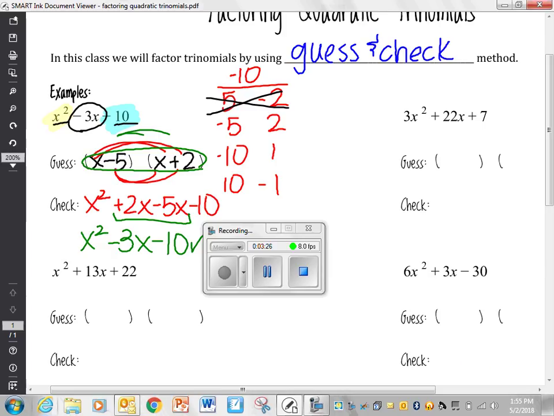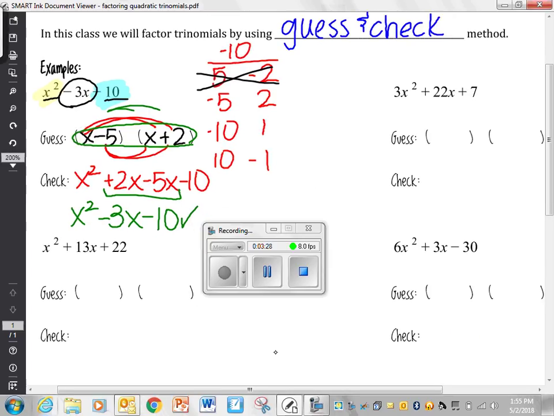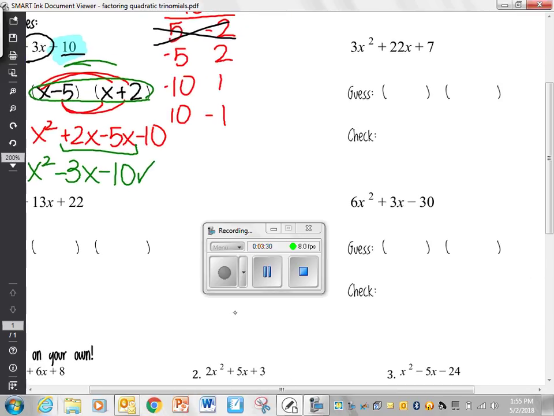I'm going to skip around so this video isn't super long, and I'm going to do this bottom example, 6x squared plus 3x minus 30. So for this one, I forgot to mention for the first problem, your first step is always to check if there's a GCF. So kind of like what we did yesterday in class. Typically when there's larger numbers, there might be a GCF, so it's always good to check and make sure.